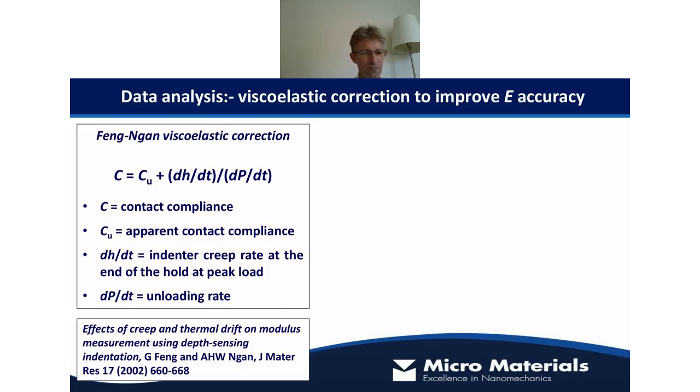They used the creep rate at the end of the hold period and the unloading rate, and put that into the equation, and that allowed them to analytically allow for this continued inelastic deformation and get at the true contact compliance.